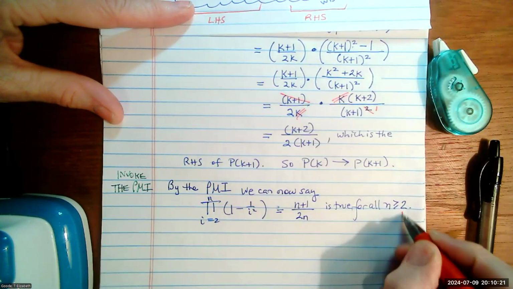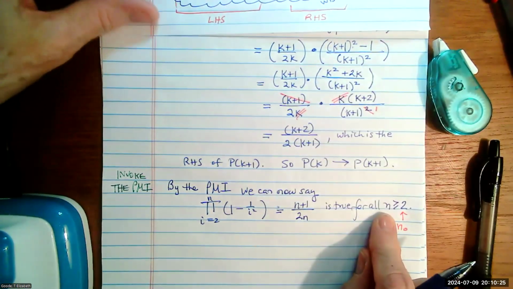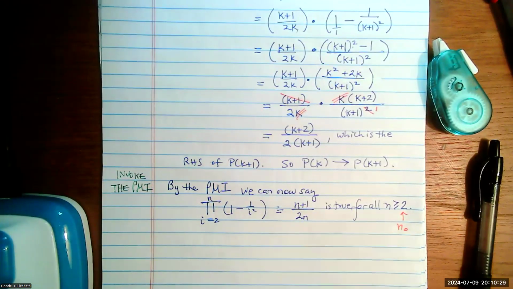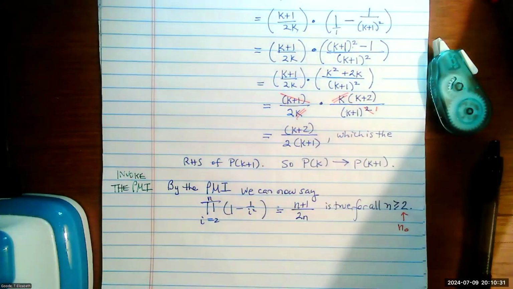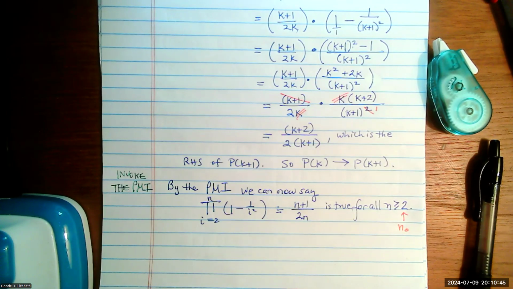This is always our n naught right there. And you don't even have to say all integers n greater than or equal to 2, because anybody who's reading your proof by mathematical induction knows mathematical induction is about integers. It's always about integers. Questions?